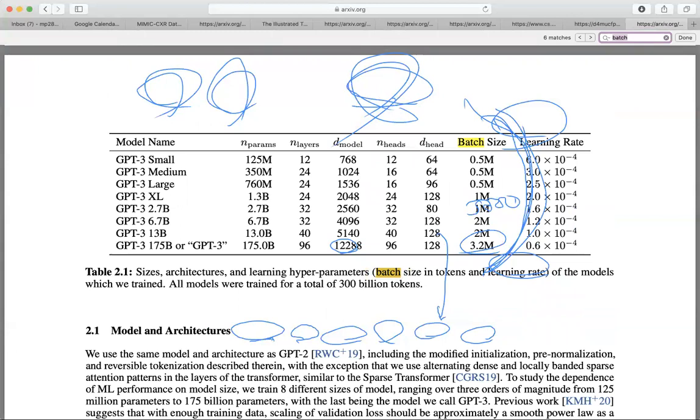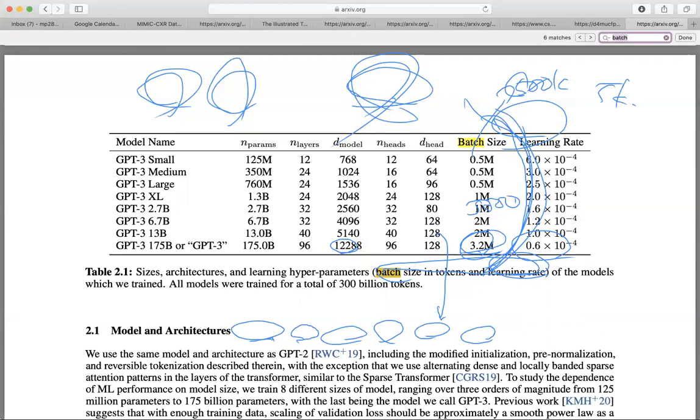So if they're saying 500K tokens, how many sentences is that? Let's say each sentence consists of 100 tokens, then 500,000 is 5,000 sentences per batch, but now it's 6 times larger. They're using 3.2 million tokens per batch, and the learning rate is quite small.